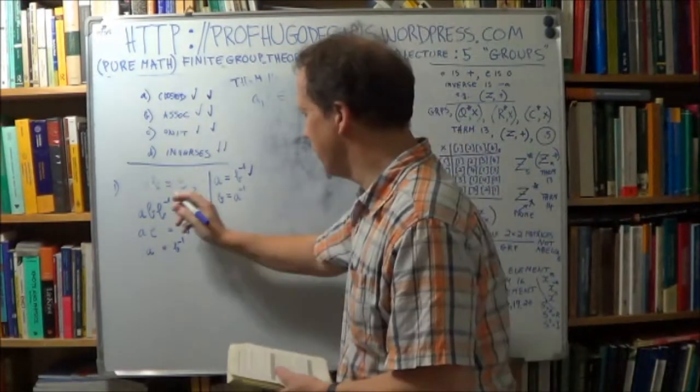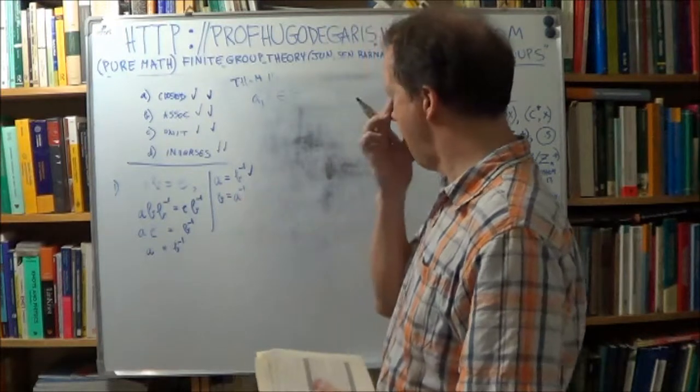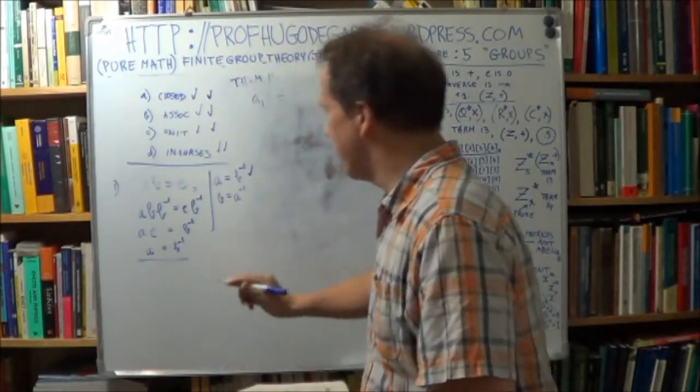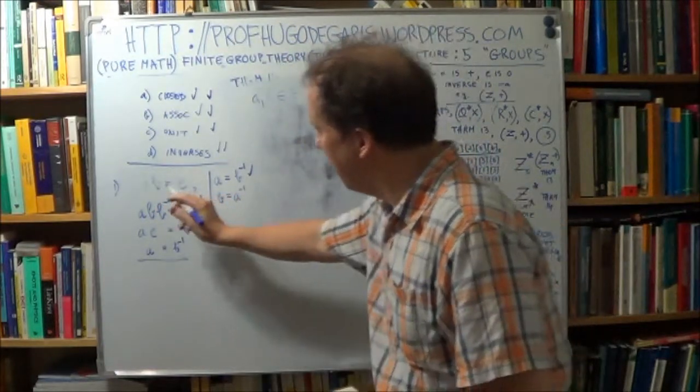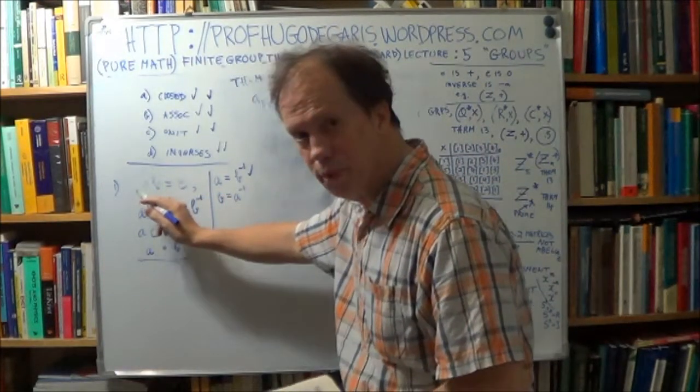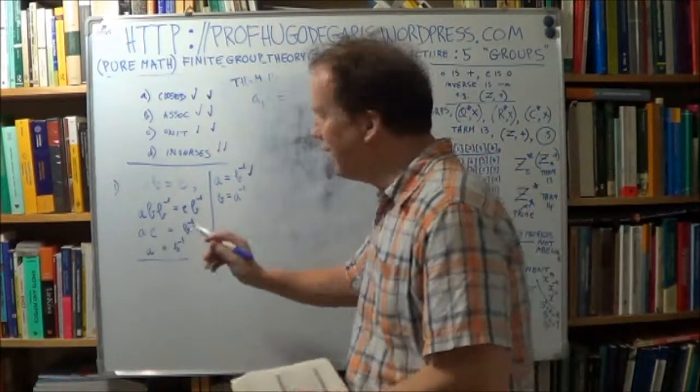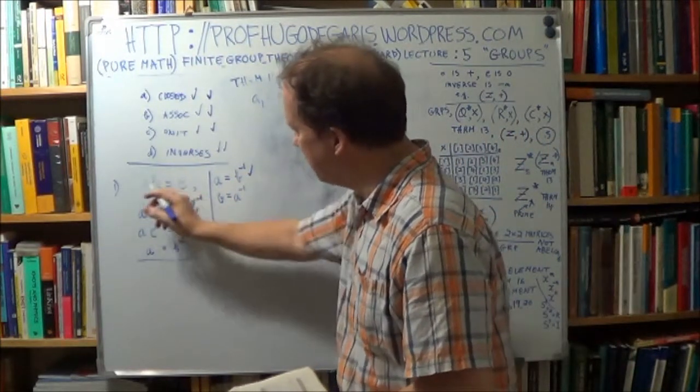Now let's try to find what B is. Okay. Now we're trying to isolate B. So pre-multiply, binary operation, by A inverse on both sides here.